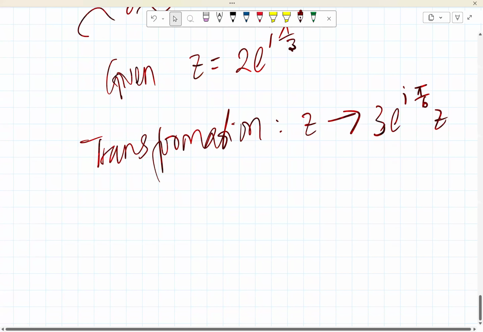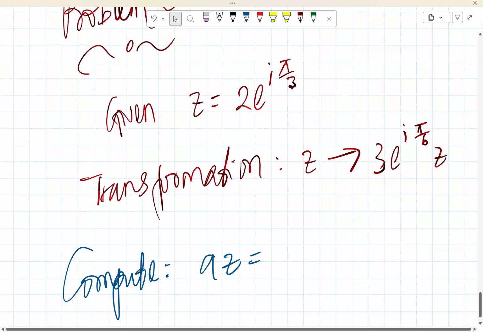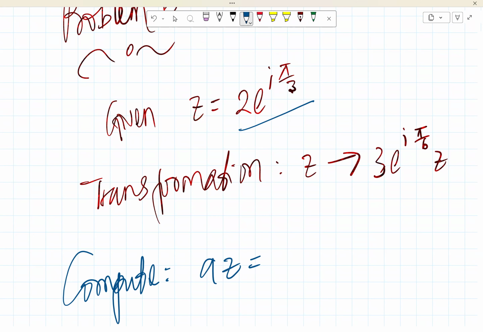So it means we now need to compute AZ. AZ now will have to be, this is Z here, and this is AZ.